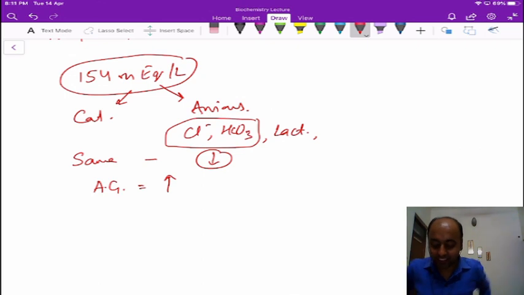Another question is: ionized calcium increases in case of metabolic acidosis. I told you about the changes in the pH. The changes in pH will result in changes of the electrolytes because of two reasons.